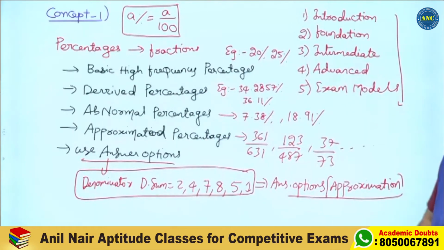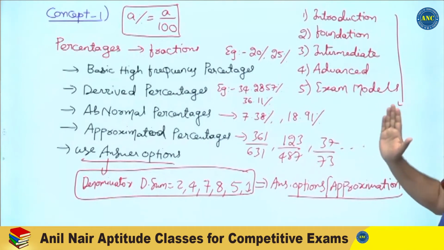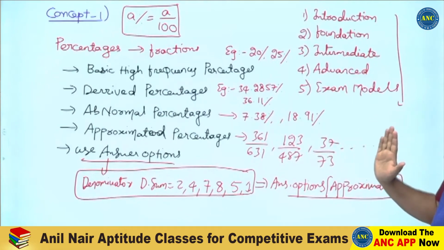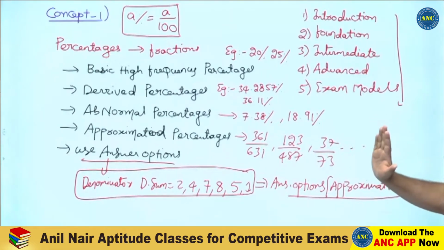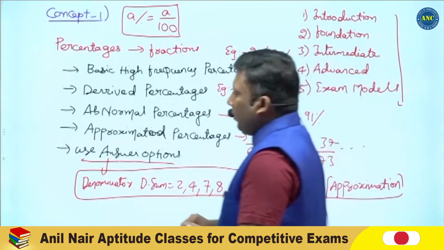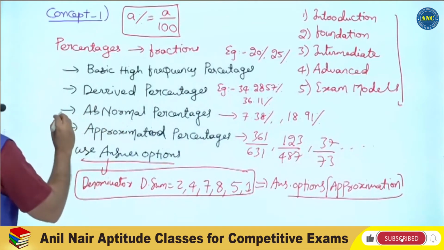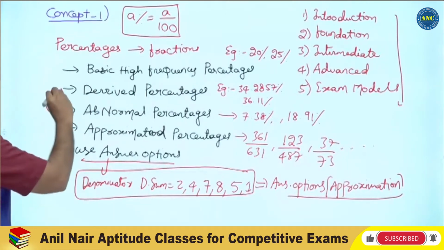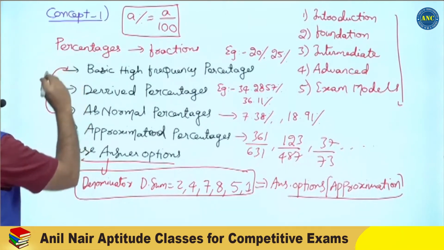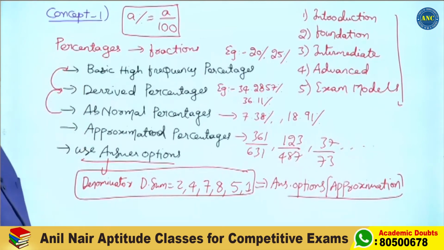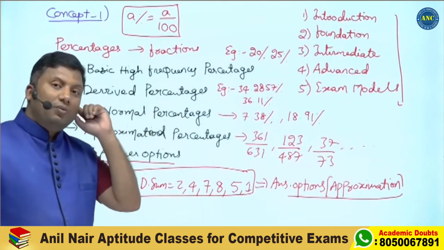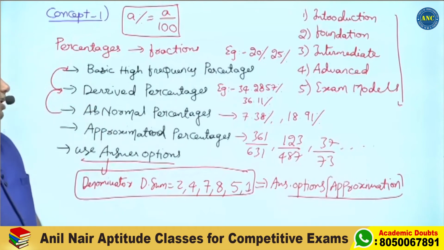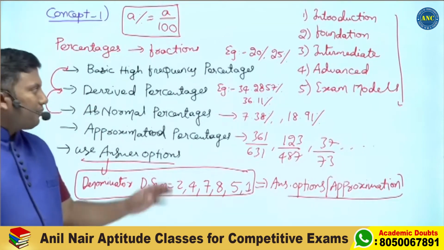Now, if you see here: basic high frequency, derived percentage, abnormal percentages, approximation percentages, and use answer option. What do you mean by abnormal percentages? Percentages which cannot be converted into fractions from either derived concept or from the base concept. 18.91%, 23.47%.